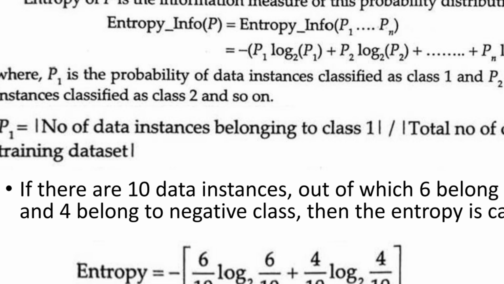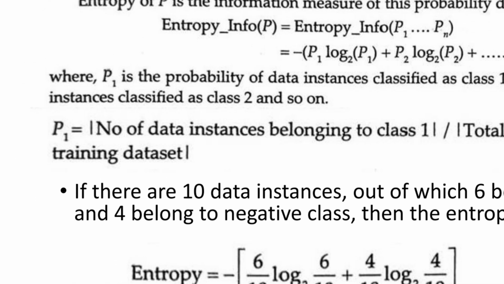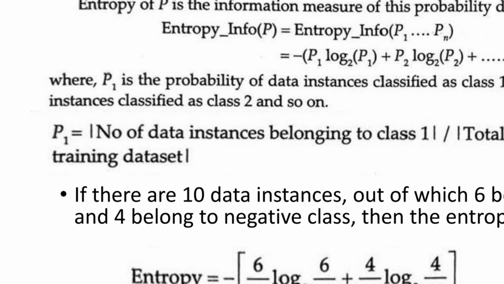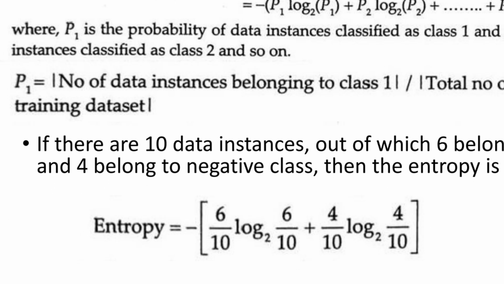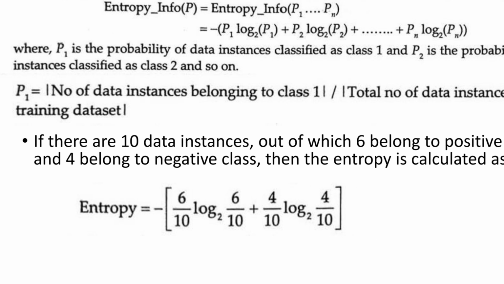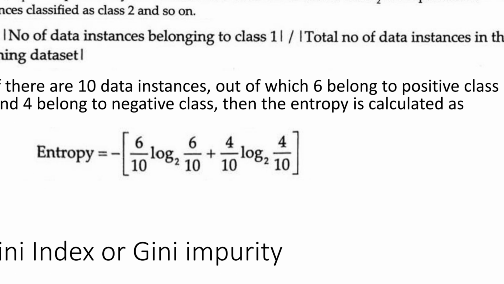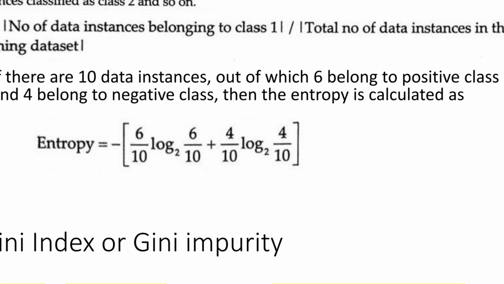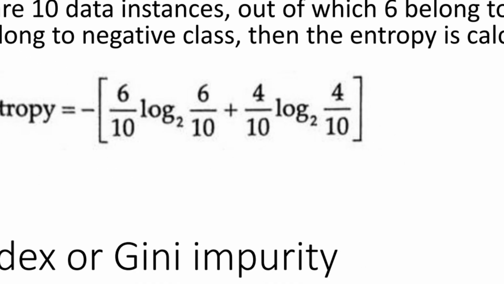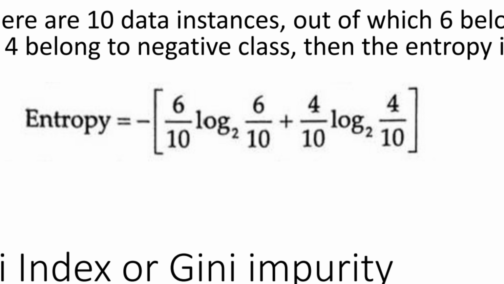Okay, so what is that P? P is the probability, that is the number of data instances belonging to that class divided by total instances. For example, if there are 10 data instances, out of which 6 belong to the positive class and the remaining 4 to the negative class, the entropy is calculated as minus of the sum of 6 over 10, where 6 is the positive instances and 10 the total, log base 2 of 6 by 10, plus the other negative class.